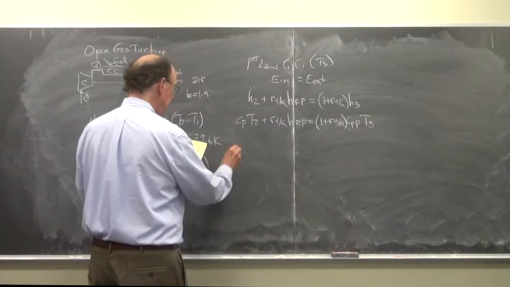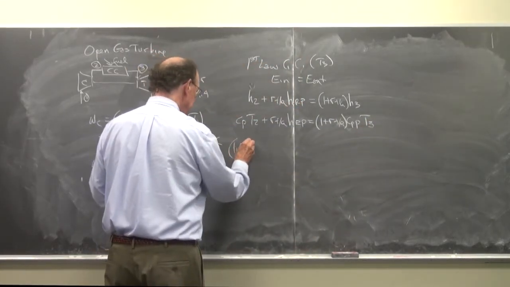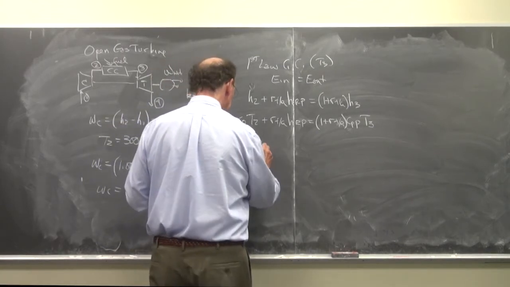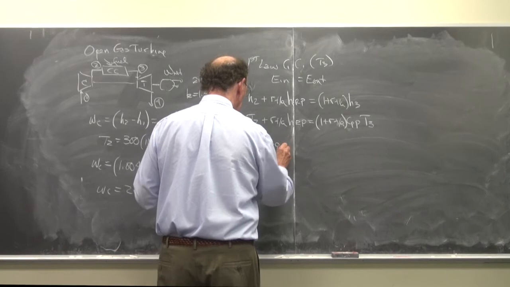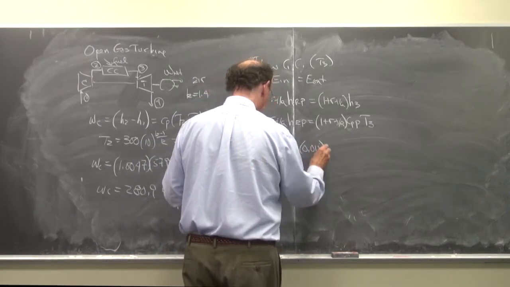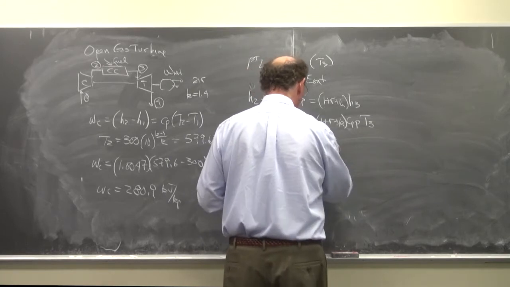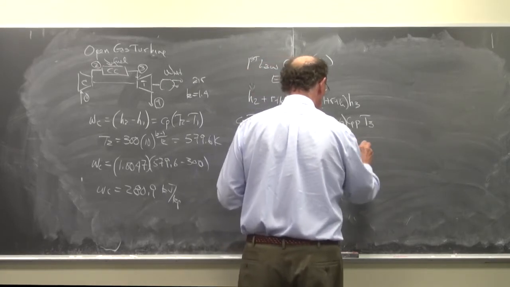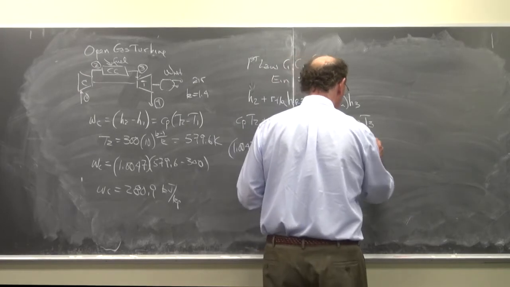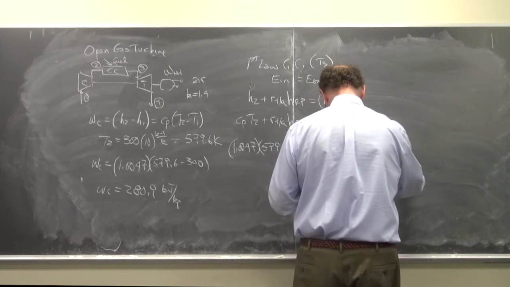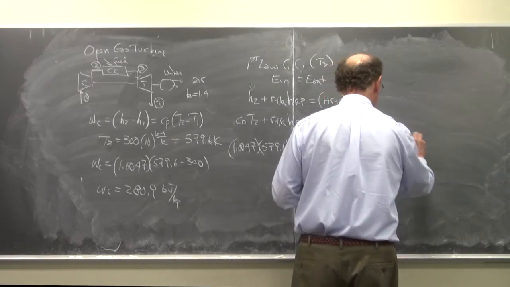If I substitute in, I have 1.0047 times T2, which is 579.6, plus 0.015 times 44,102, is equal to 1.015 times C sub P, 1.15, times T3.